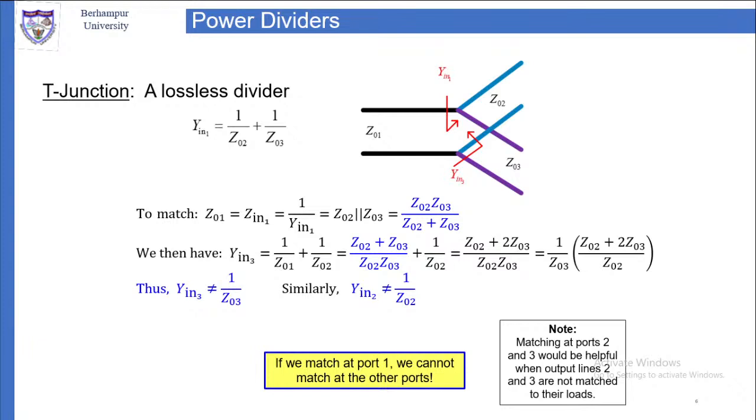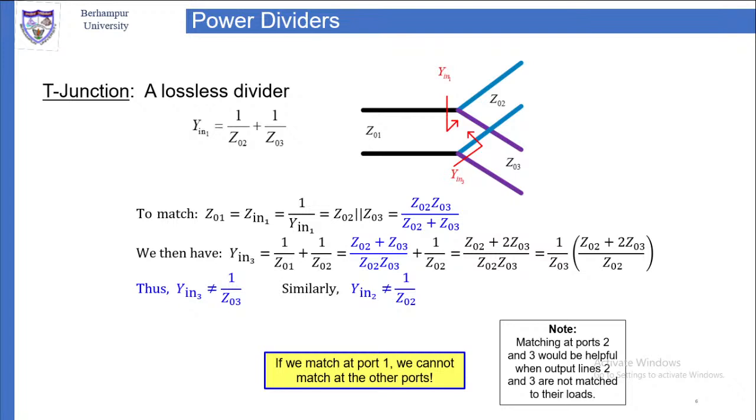Z02 in parallel with Z03 gives you Z02 into Z03 divided by Z02 plus Z03. So Z01, which is equal to Z in 1, is equal to Z02 into Z03 divided by Z02 plus Z03. So this is for matching. If you want the matching at the junction, the matching for the first line gives you this. Similarly, we have Y in 3.